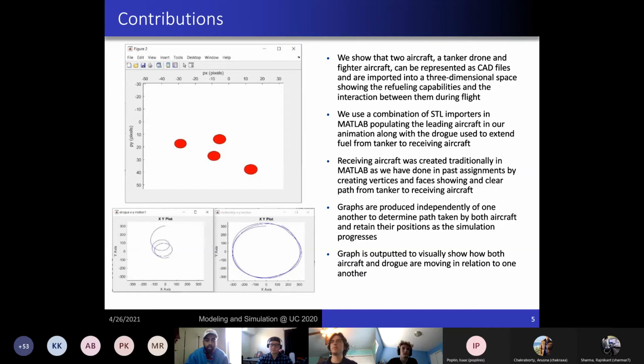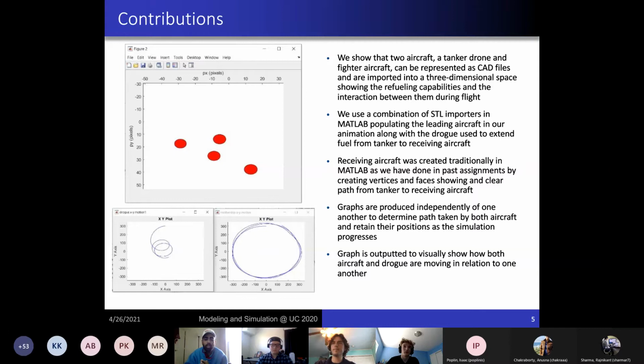The receiving aircraft was created traditionally in MATLAB, as was the drogue. We modeled the drogue how we typically model things in our earlier class assignments. I believe it was touched upon last presentation as well. We'll be going into the drogue a little bit more in our later slides.